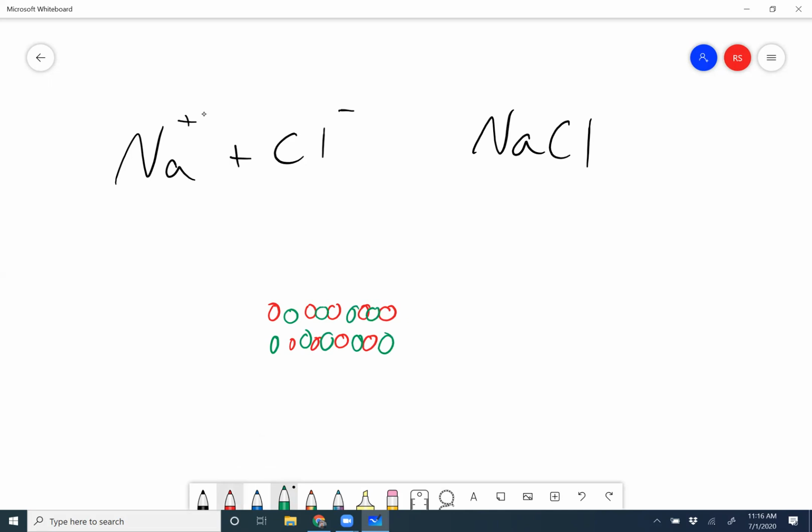And then this shape would look like a square. So it would make a big square shape of this. And that's why salt crystals are squares. So pretty cool.